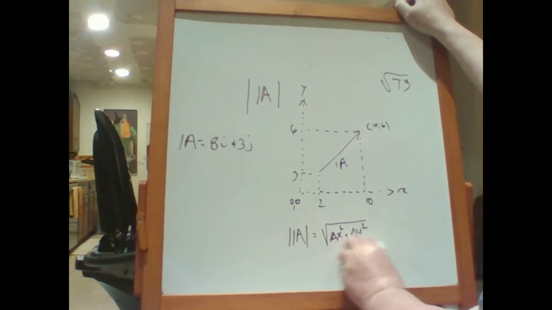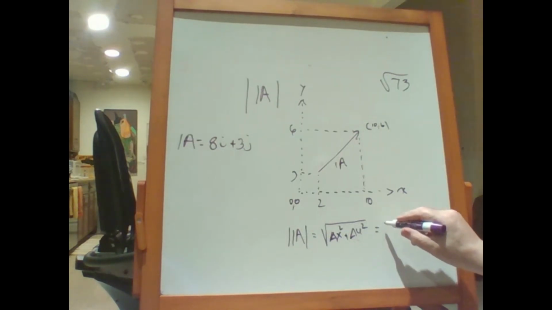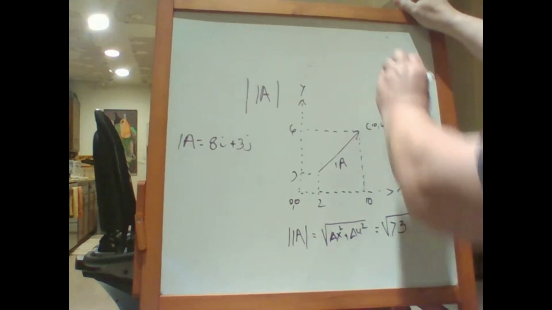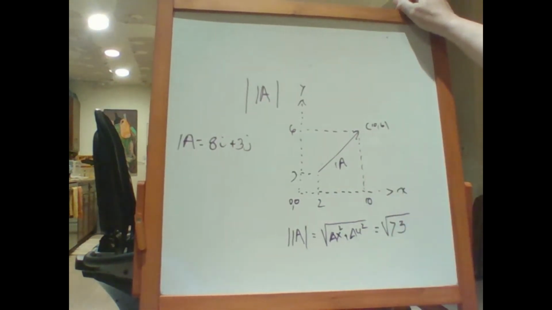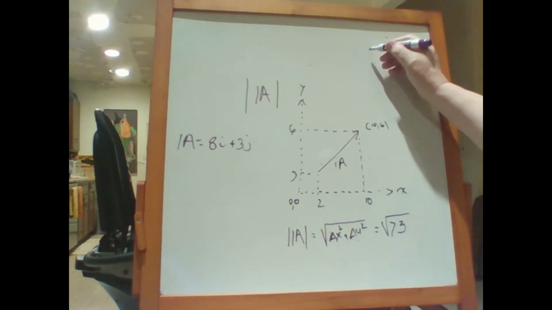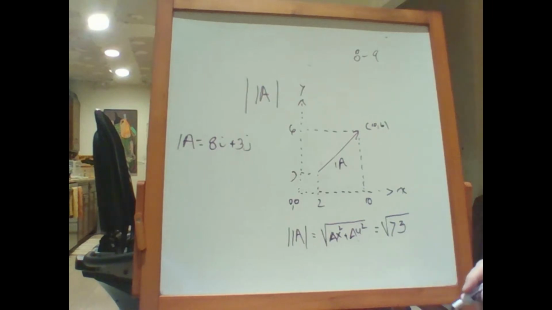And that happens to be the square root of 73. So what do we have? 8 times 8 is 64. 9 times 9 is 81. So it's between 8 and 9.